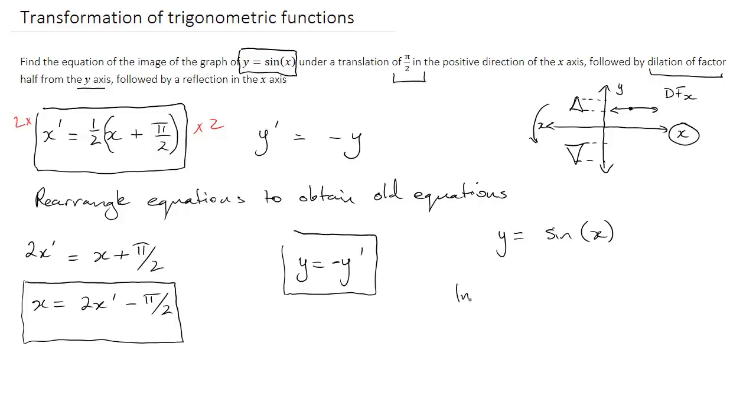And to find the image when you have made all of these particular changes, you just have to replace that y value with negative y dash and replace this old x value with the equation that you've built here. So it's equal to sine of 2x dash minus pi on 2.